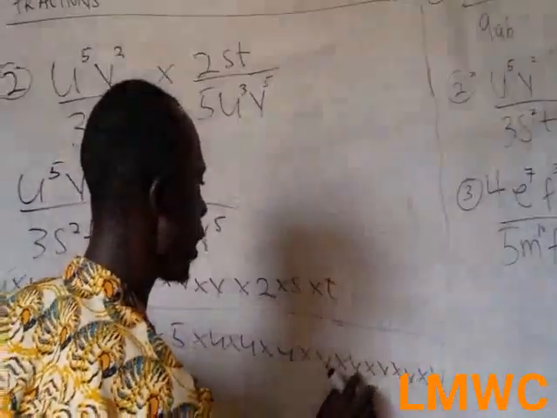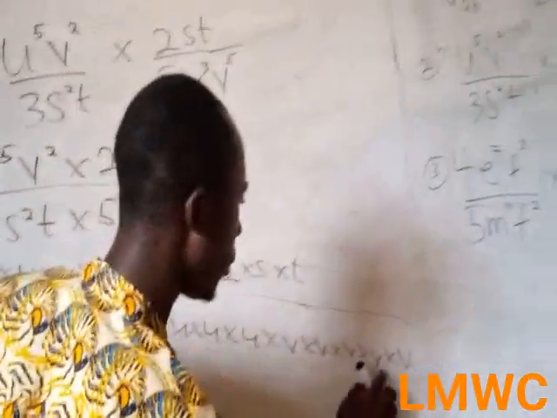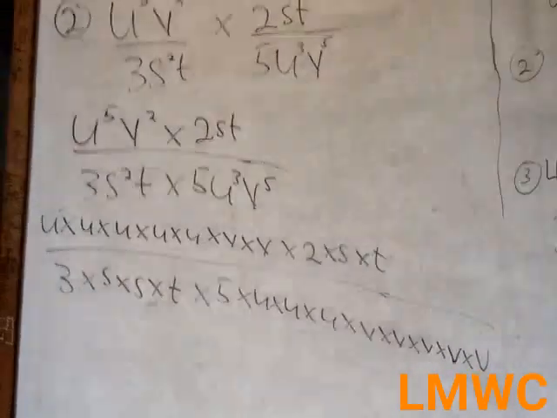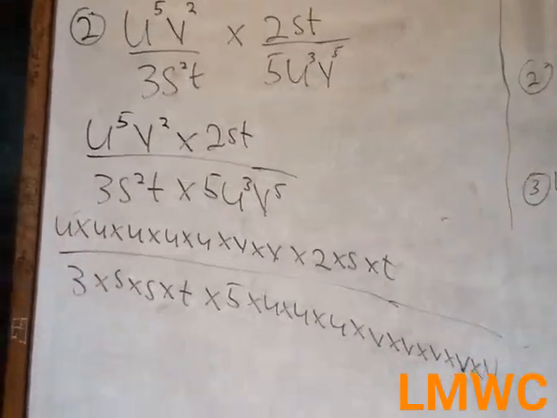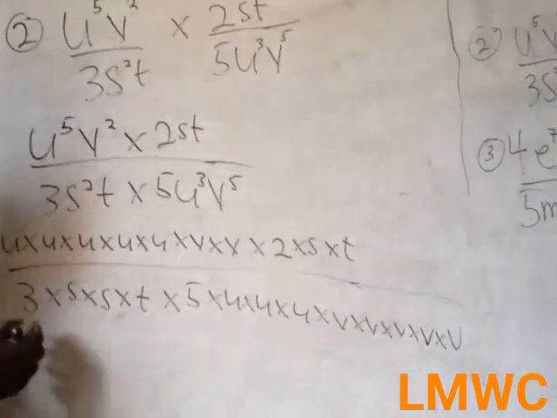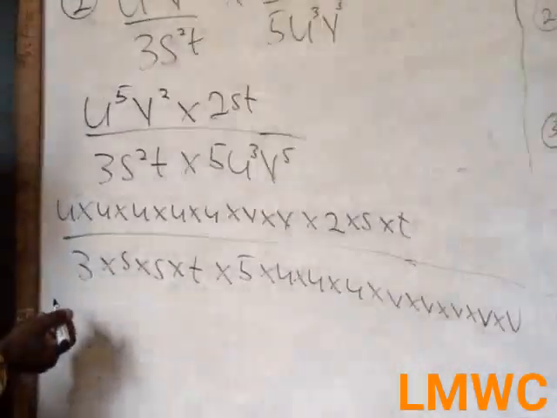But I will advise my students to use the indices method approach. If you don't take care and you don't know what you are doing, this one will confuse you. So now, let's cancel out u.